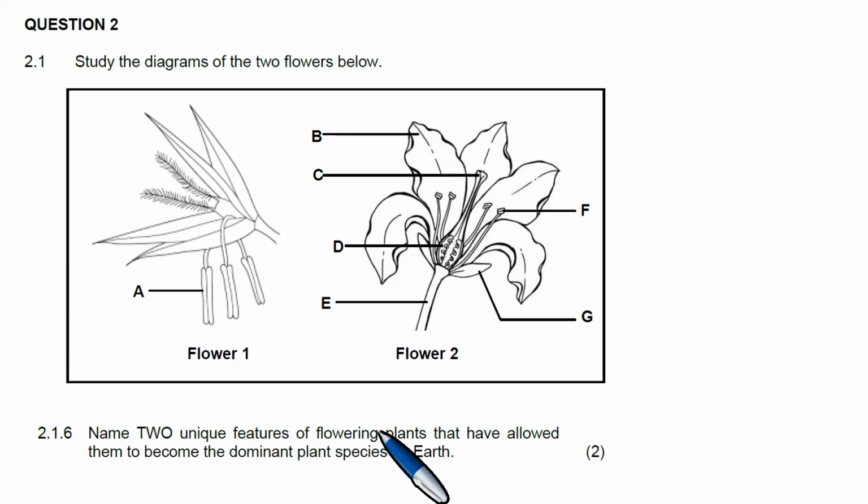What are the two unique features that the flowering plants have? Why are flowering plants the most on Earth?